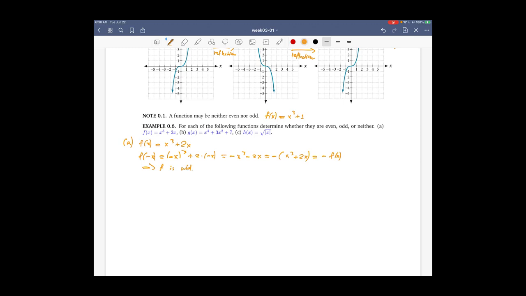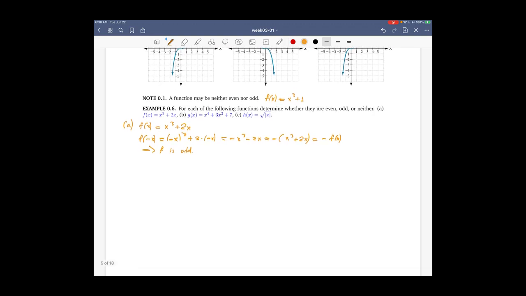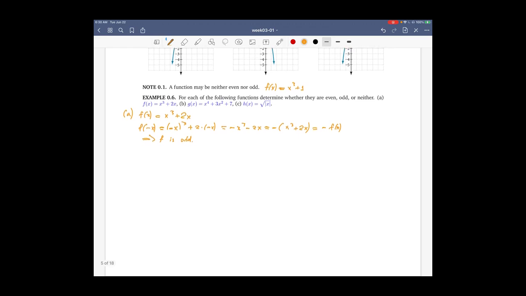You can try to check if f is even, and you will see that f is not even. For function in example b, x to the fourth plus 3x squared plus 7, I claim that it's neither. Let's see what g at negative x is.